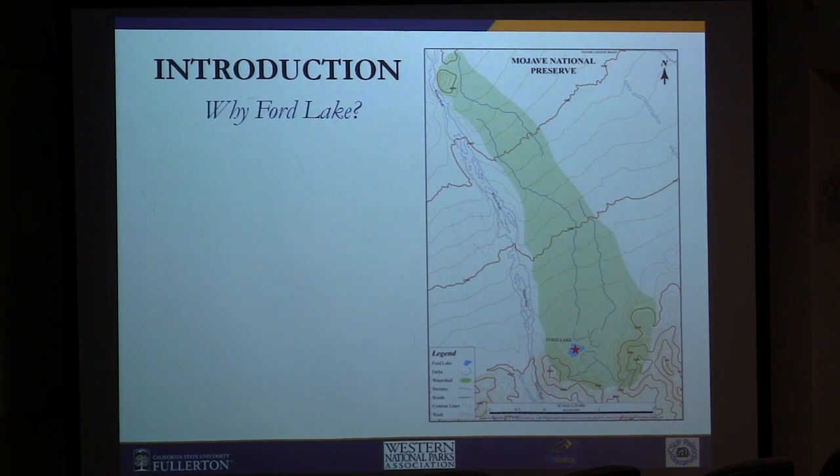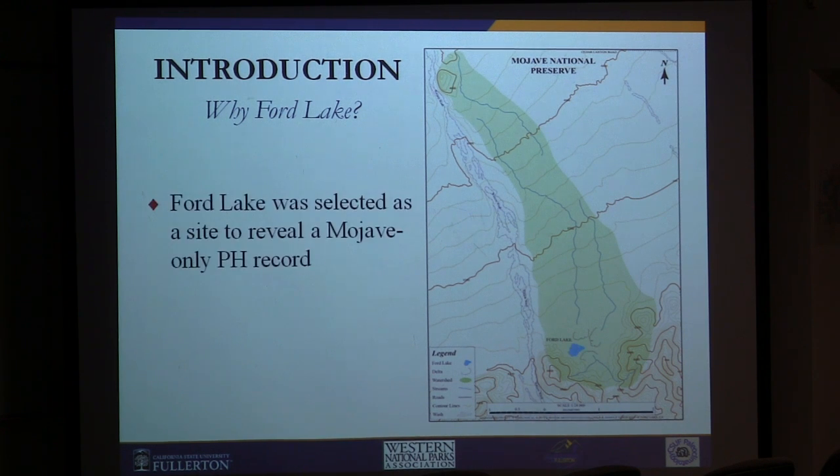Here's a topographic map of Ford Lake. The greenish color is our watershed, and it's relatively small, and we're contained within the Mojave Desert. So we chose it to reveal a Mojave-only pH record.